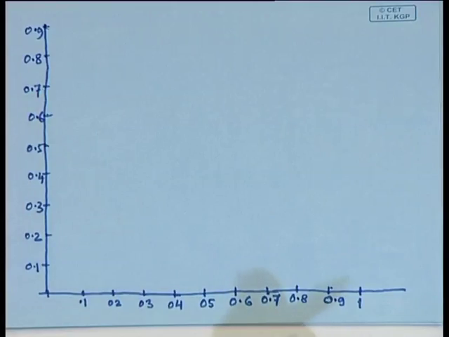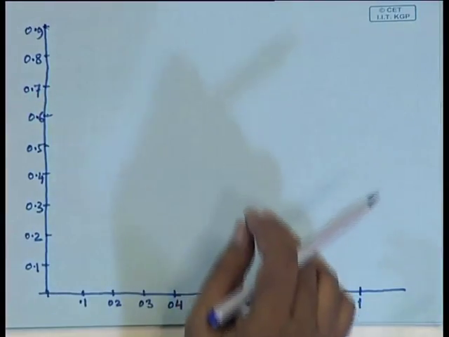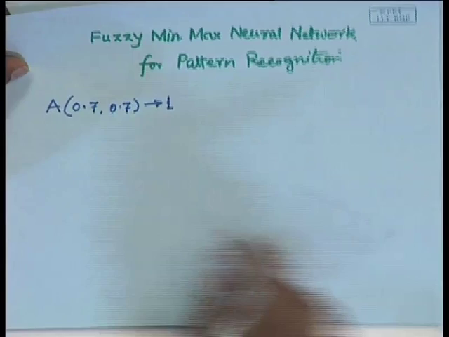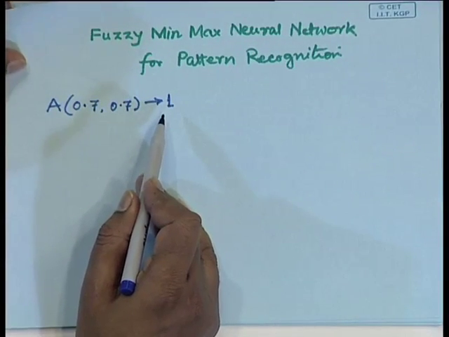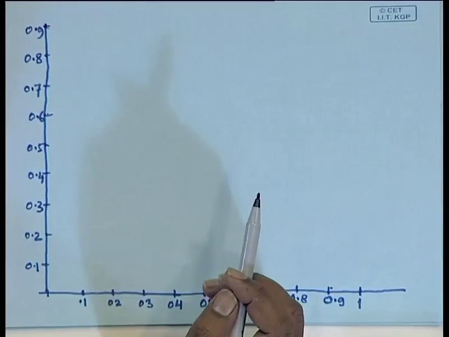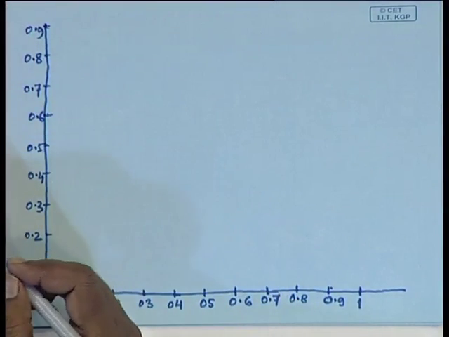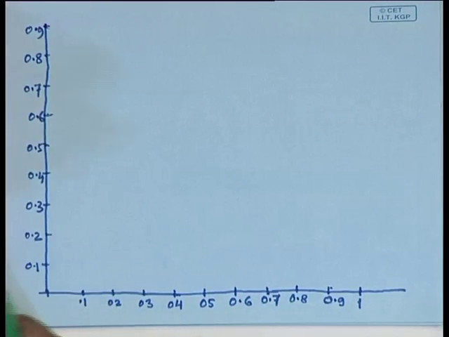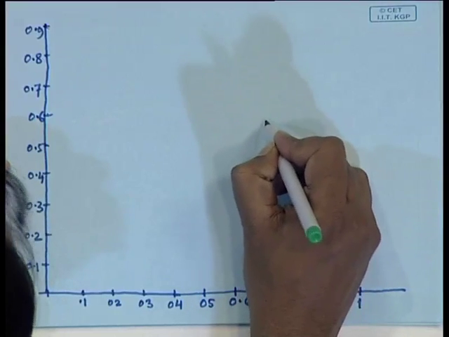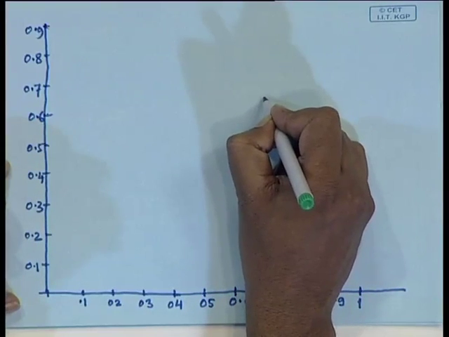When we said that this feature vector 0.7, 0.7 belongs to class 1, immediately we said that there will be a hyperbox for which the min point and max point are the same. So, I will have a hyperbox somewhere over here at 0.7, 0.7.